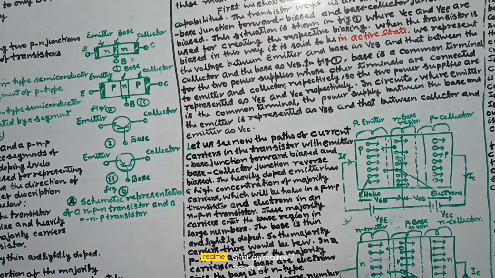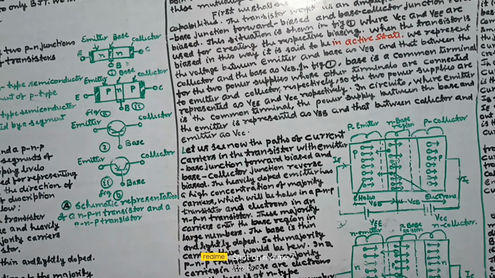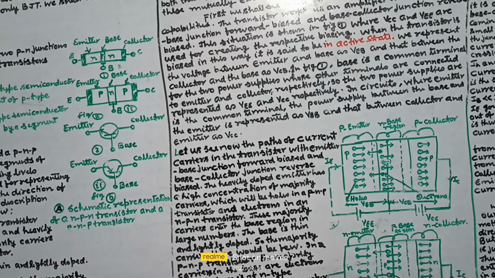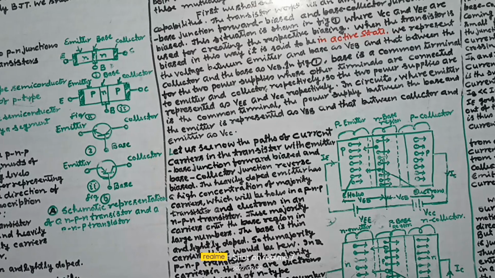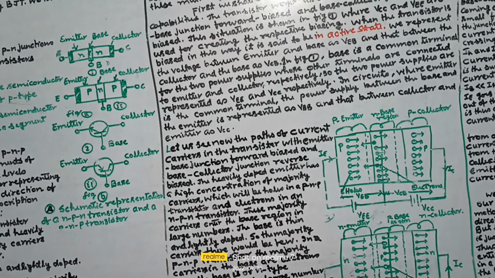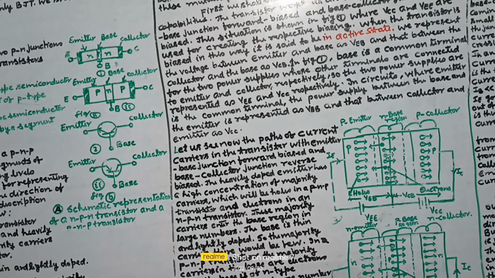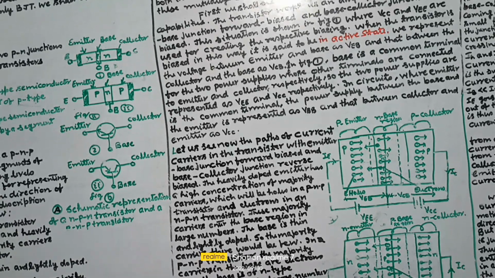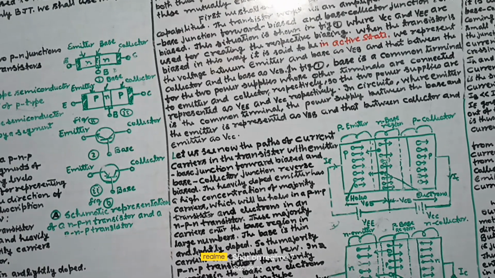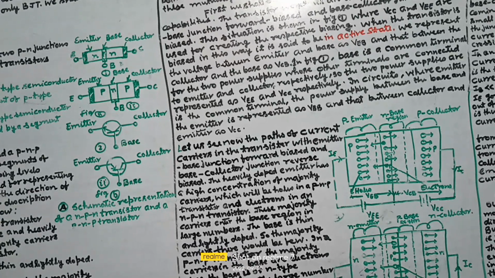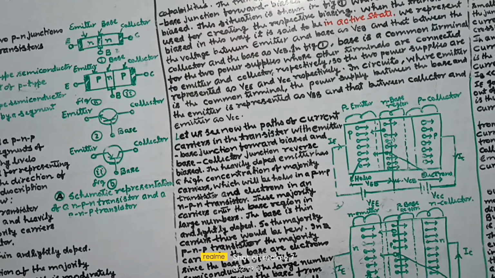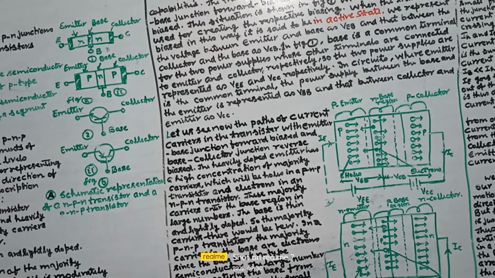These majority carriers enter the base region in large numbers. The base is thin and lightly doped, so the majority carriers there would be few. In a PNP transistor, the majority carriers in the base are electrons in the base of N-type semiconductor. The large number of holes entering the base from the emitter swamps the small number of electrons there.